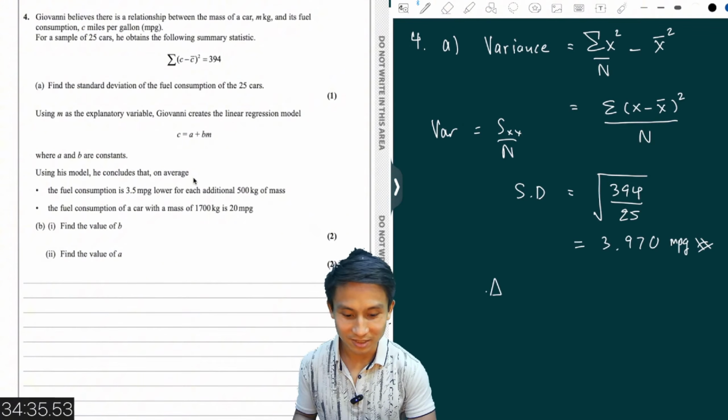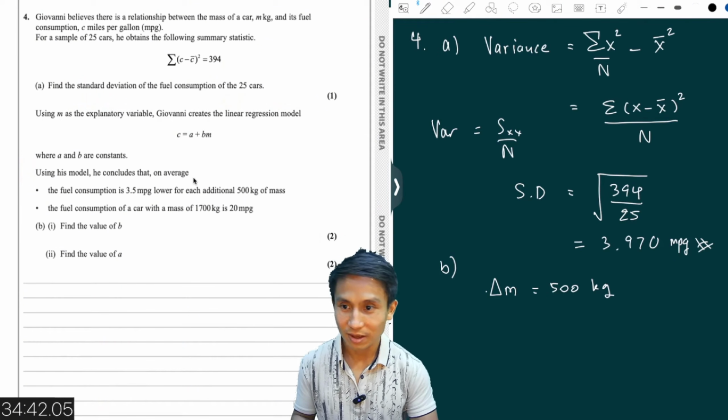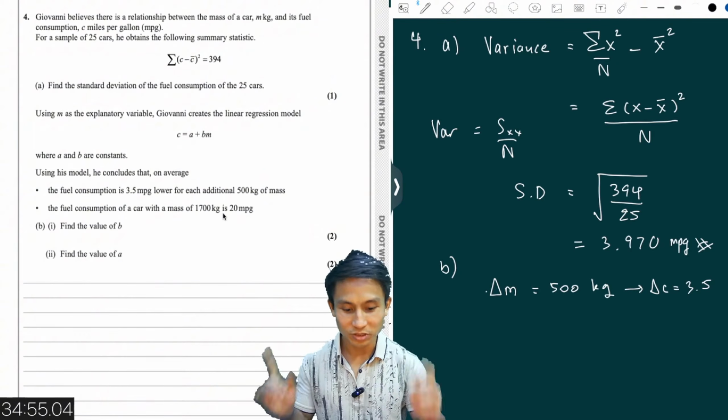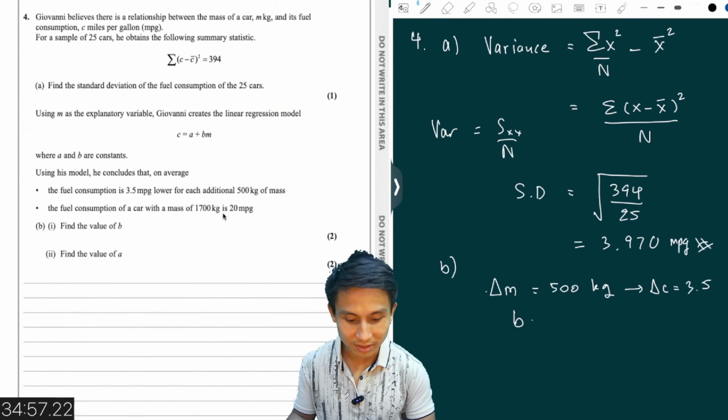So it's basically saying that delta M is 500 kilograms, this is part B, and you would have delta C to be 3.5. So we're just going to use this to find the gradient, and the gradient is the B there.